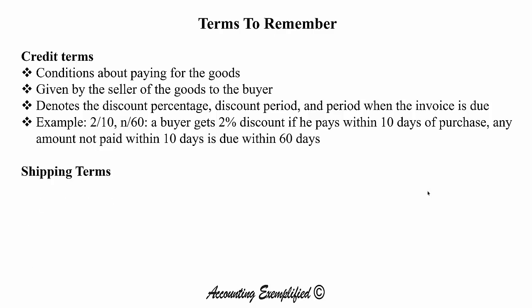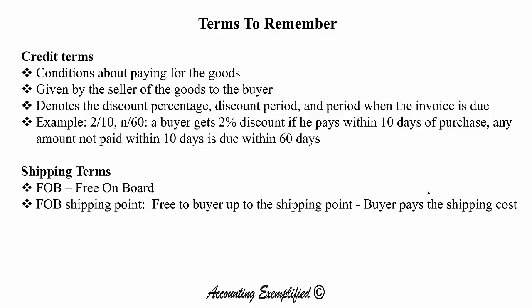Now shipping terms. This is the shipping term that is agreed between the buyer and the seller. If the shipping term is FOB, which means free on board, the first is FOB shipping point. Seller is free of the shipping cost.